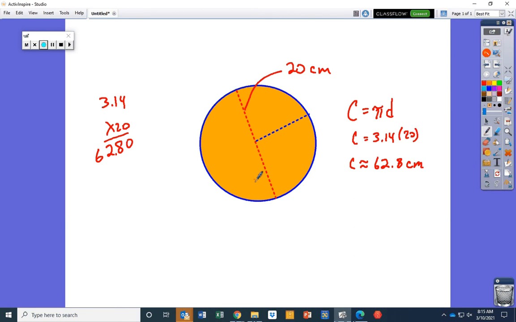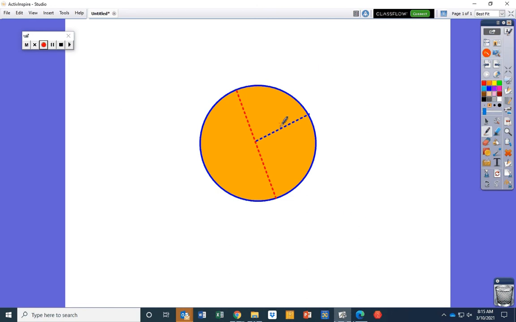Here's what I would do, okay? This is just my 2 cents. If I'm given a radius, let's say this radius was 60 centimeters, here's what I would do. I would use my pi times diameter formula and just know that if this radius is 60, what's the diameter? 120. That's what I do. Okay, it's up to you.